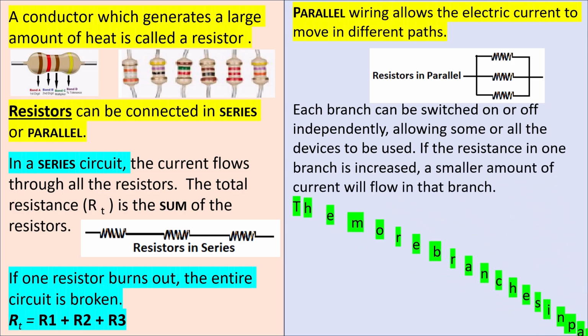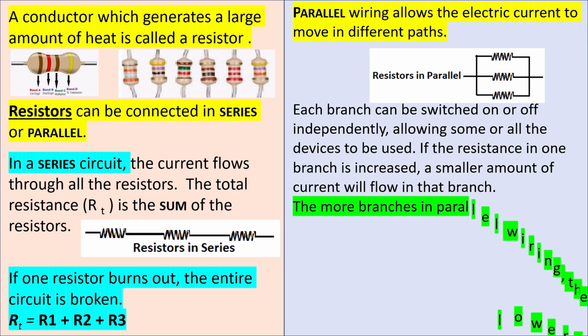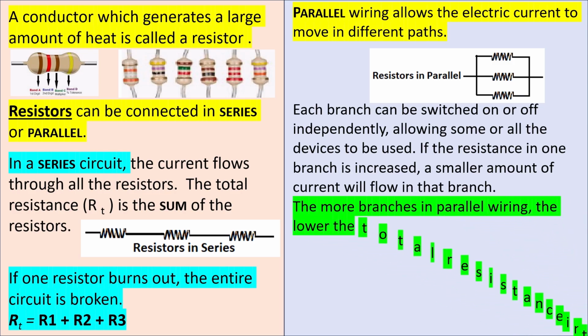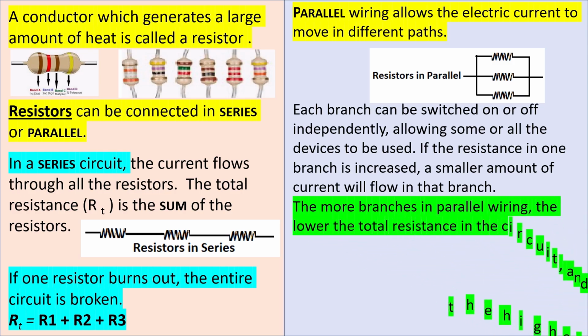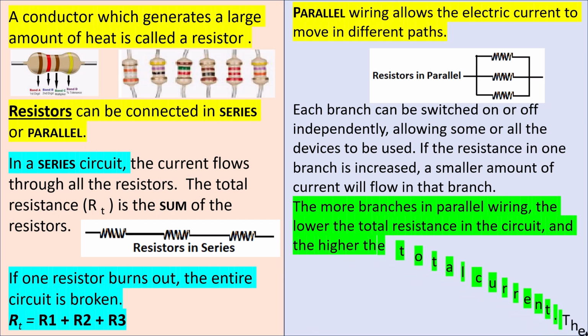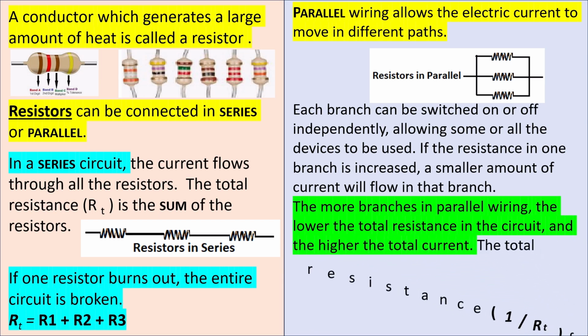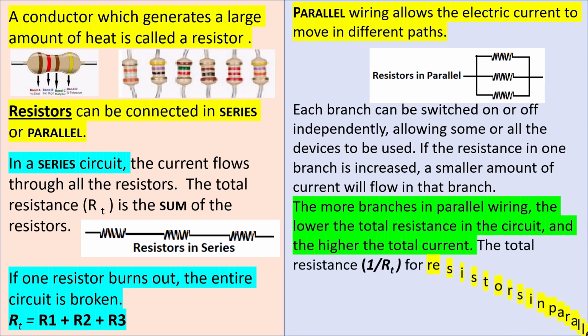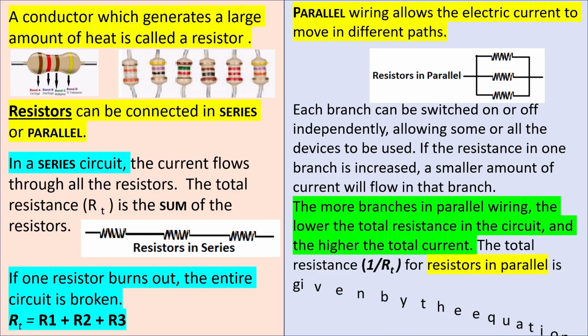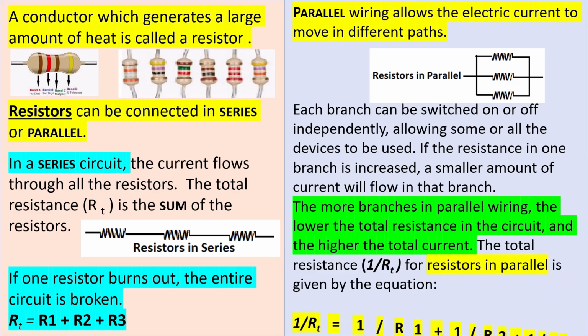The more branches in parallel wiring, the lower the total resistance in the circuit, and the higher the total current. The total resistance RT for all resistors in parallel is given by the equation 1 over RT equals 1 over R1 plus 1 over R2 plus 1 over R3.